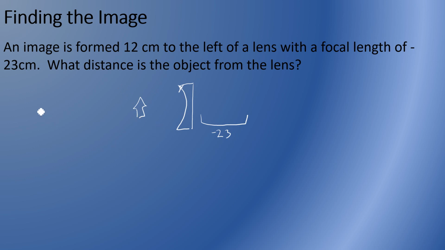Where's the object? So it basically works the same. So we have 1 over object distance plus 1 over image distance equals 1 over our focal length. So we have 1 over negative 23. 1 over our image distance is what we actually know, that is 12, and we want to know our object distance, so we'll subtract the 1 over 12.